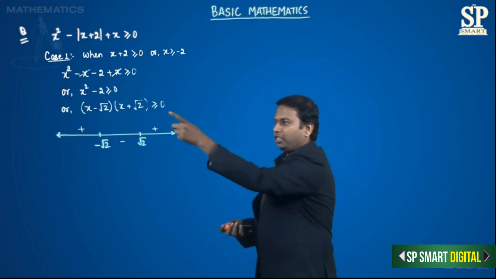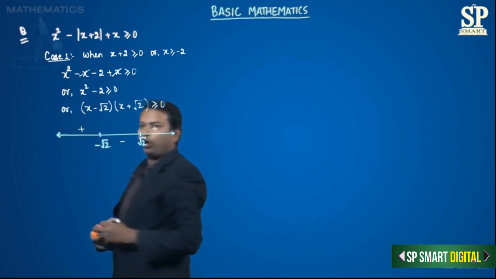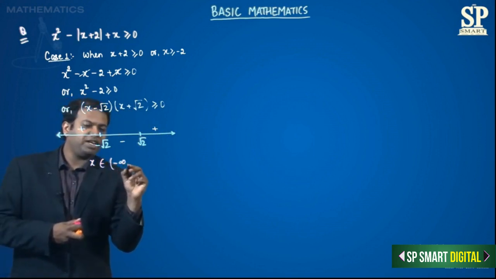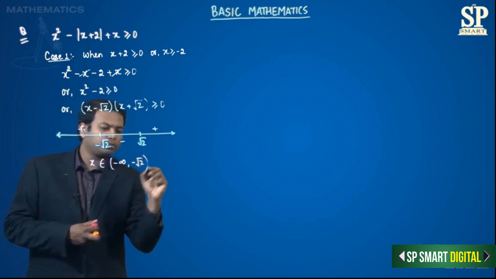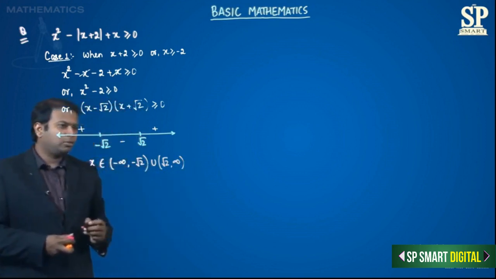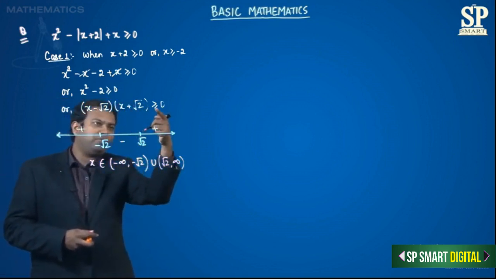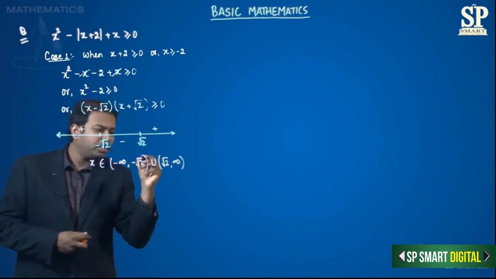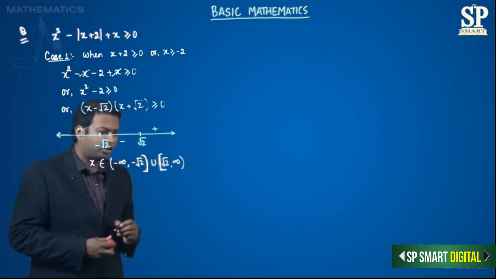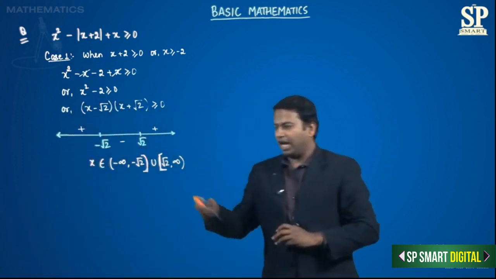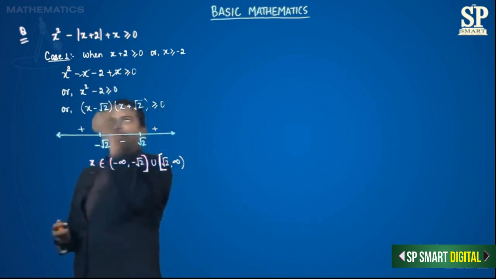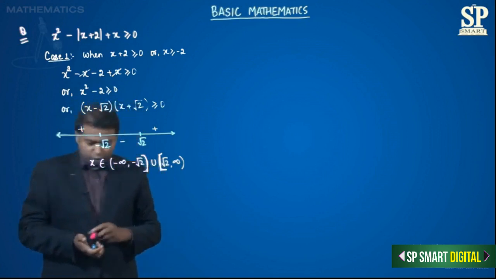So this condition is satisfied by all values of x which belong to minus infinity to minus root 2 union root 2 to infinity. Now we have an equal to sign here, so these 2 points are also included, and hence we have a square bracket at the points minus root 2 and root 2. So this is about when x plus 2 is greater than equal to 0.